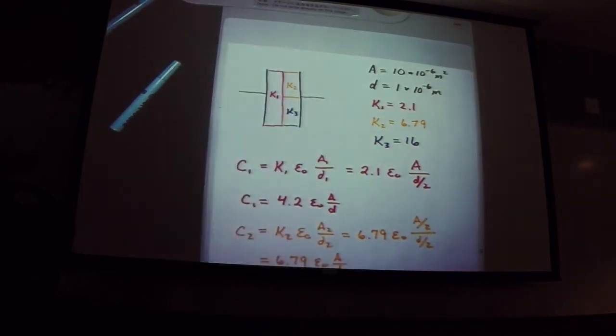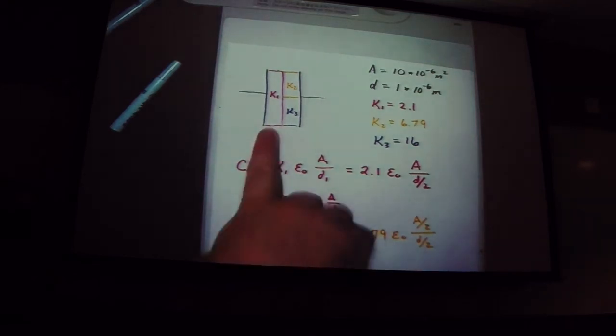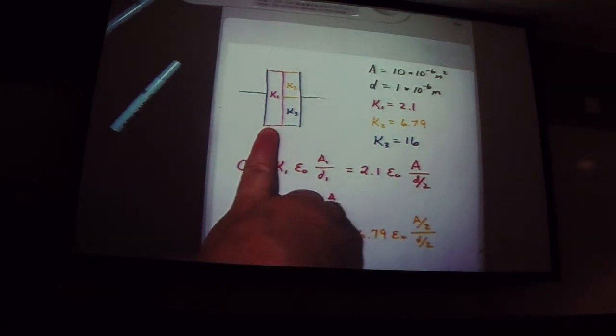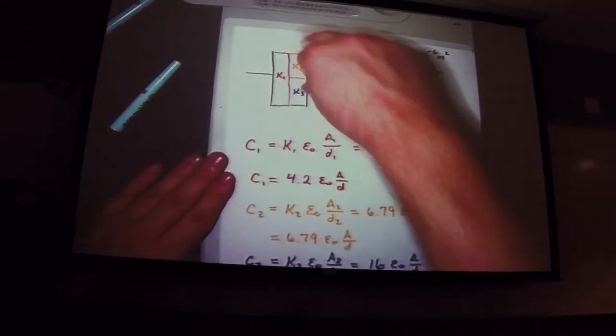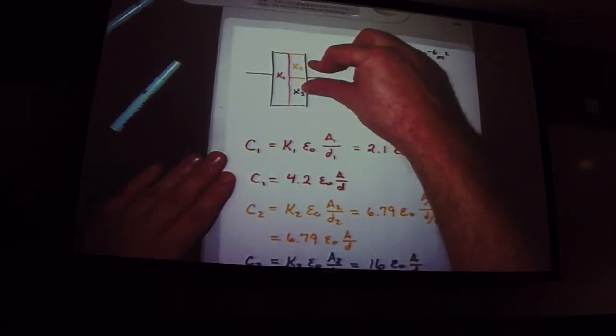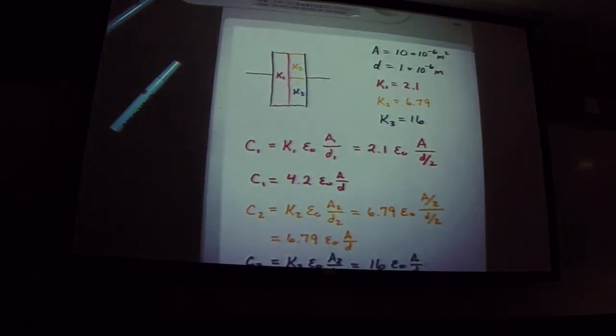So the left plate can't cancel out as much charge, and so we're hampered by what's going on over here. Notice that this is counted in series with these two things being in parallel with each other. So in other words, you're stuck with your least kappa, especially when something is touching the plate.